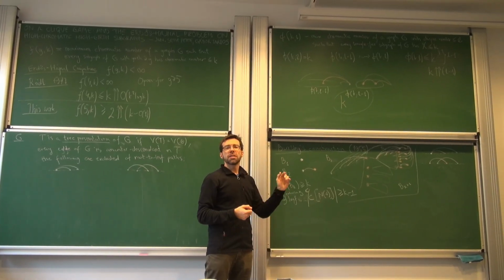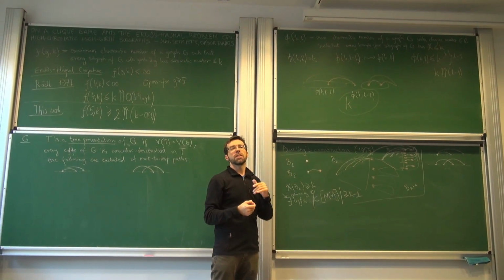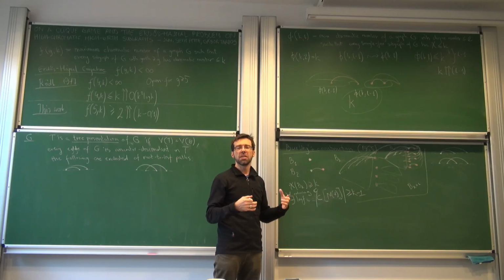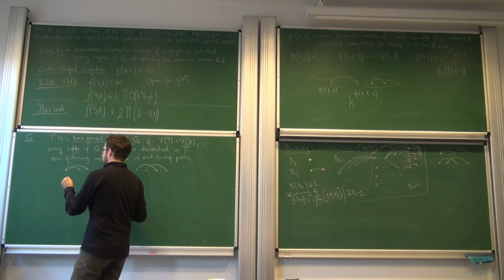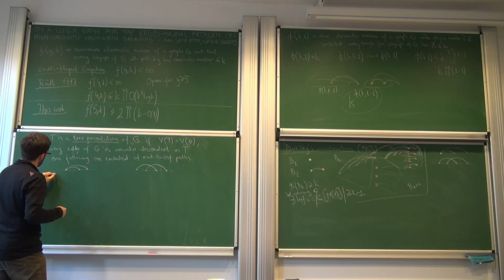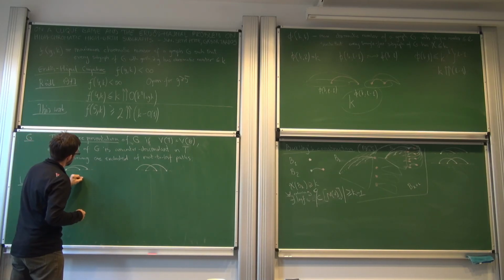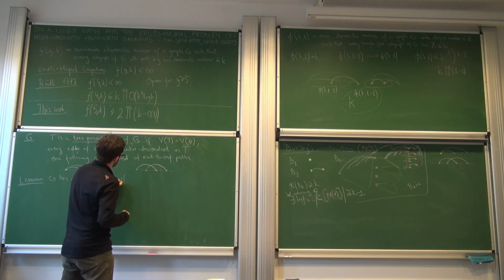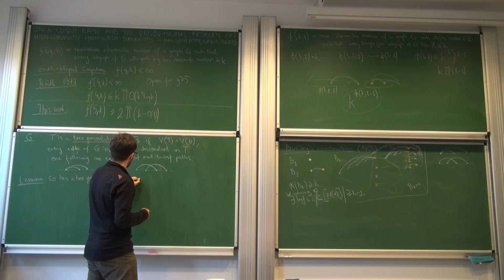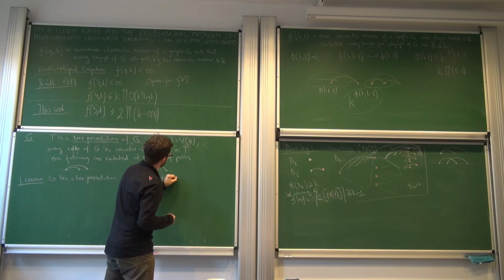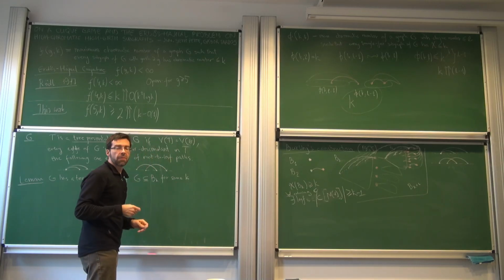And actually, a graph has a tree presentation if and only if it is a subgraph of B_k for some k. This is the characterization that we need for our result. So let me write it as a lemma. G has a tree presentation if and only if G is a subgraph of B_k for some k.